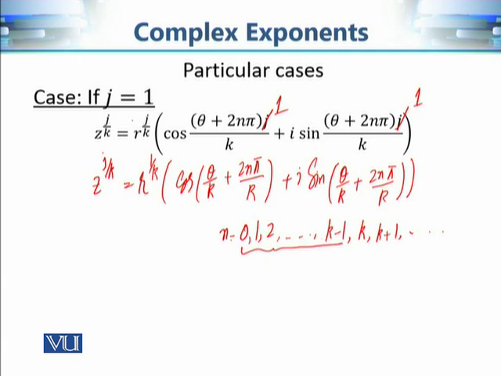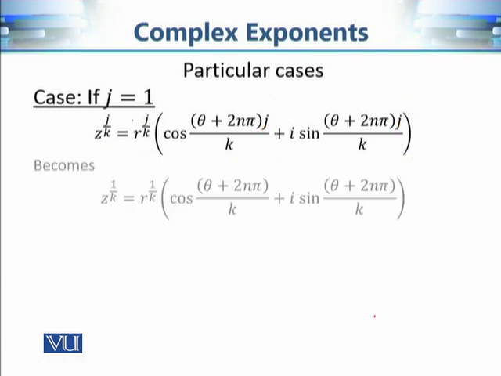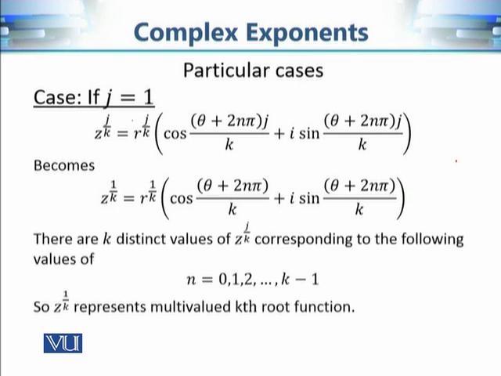So the distinct values of z raised to power 1 over k can be obtained by taking the values of n to be this. Hence we get the following expression, and the distinct values of z raised to power j over k, and of course in this case j is equal to 1, can be calculated by taking the values of n to be 0, 1, 2 up to k minus 1.